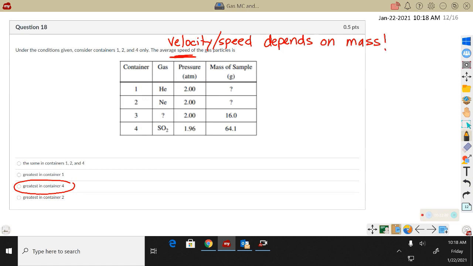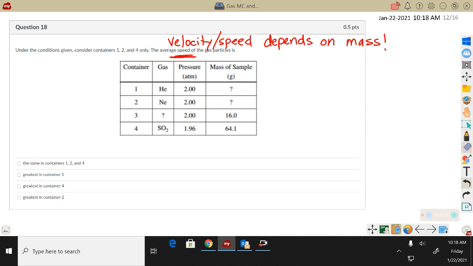Same data, under the given conditions, the average speed of the gas particles is, the speed or velocity depends on mass. And so the speed or velocity should be greatest in, whoopsies, not container 4, hello. They're asking me for the average speed of the particles is greatest in whatever particle is the least massive.